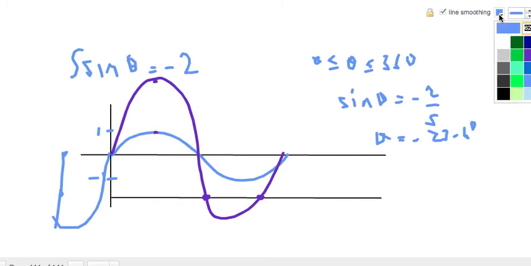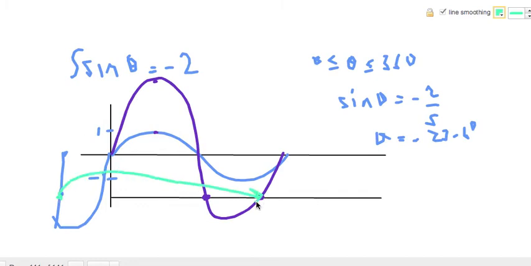To find the actual solutions, we're going to use the fact that it's a repetitive, what's known as periodic, function. It's going to repeat itself every 360 degrees, so it's going to be the same value all the way over here. That is effectively minus 23 degrees, that distance there.